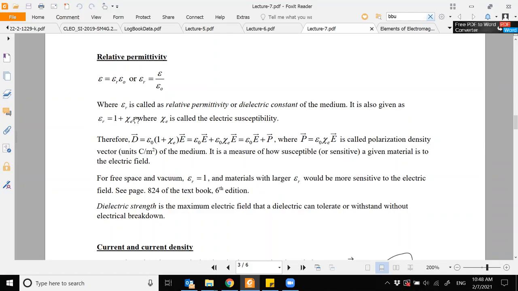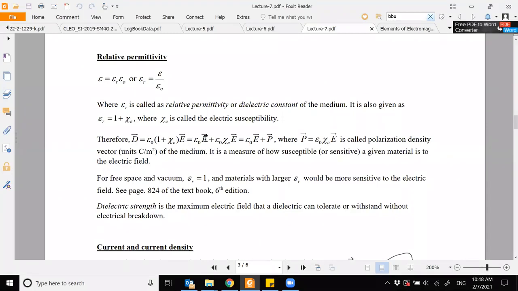And therefore, now we know D bar is epsilon E bar. So epsilon, I'm now replacing with our expression, which is epsilon naught times epsilon r. Epsilon naught is as it is. Epsilon r, we just said, is 1 plus chi e. So D bar equals epsilon naught times (1 plus chi e) times E bar. Now open the brackets.